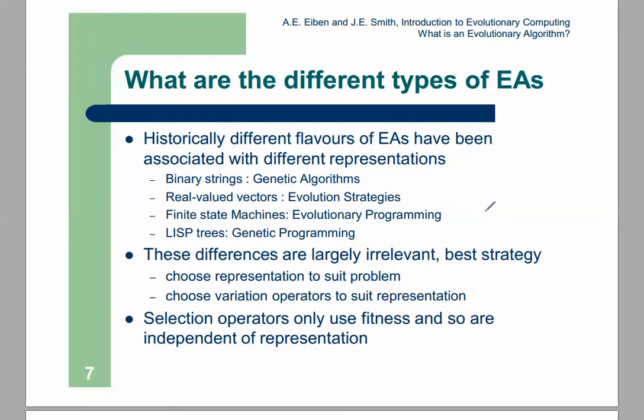There are many types of EA, and it depends on the representation or depends on the problem. We have many types of EA, such as binary string. It is a representation of binary, such as genetic algorithm or GA. GA is a representation for binary values. Real values have ES. ES, evolutionary strategy, is a method to solve a problem where each gene has a real value.